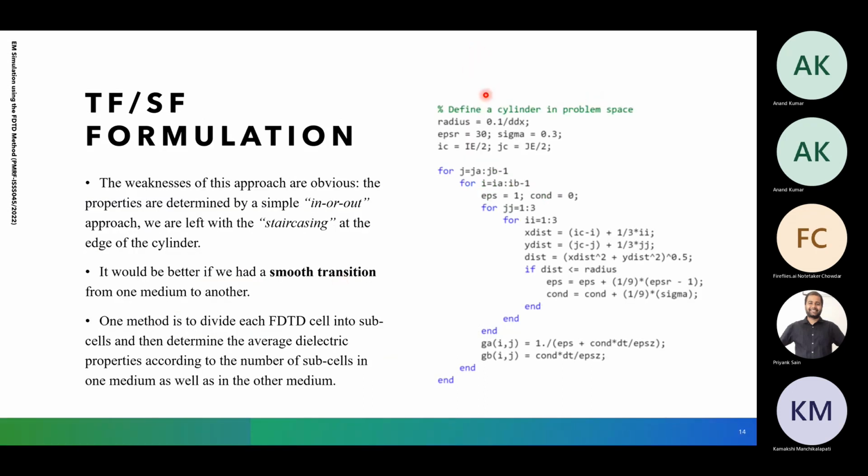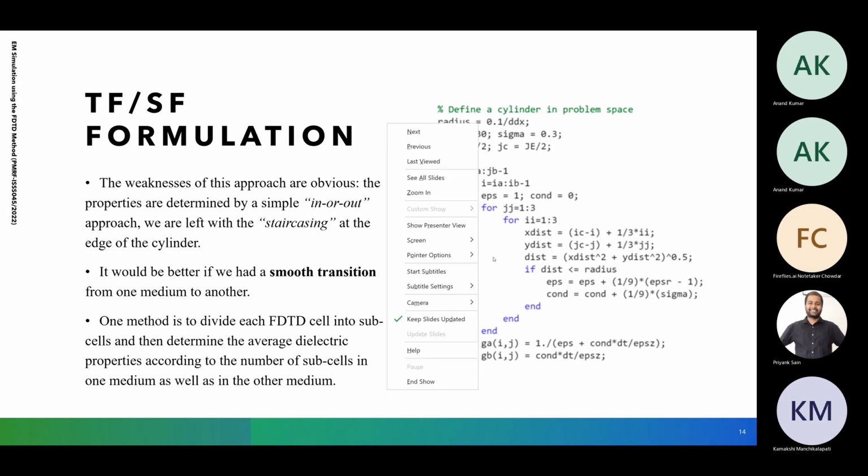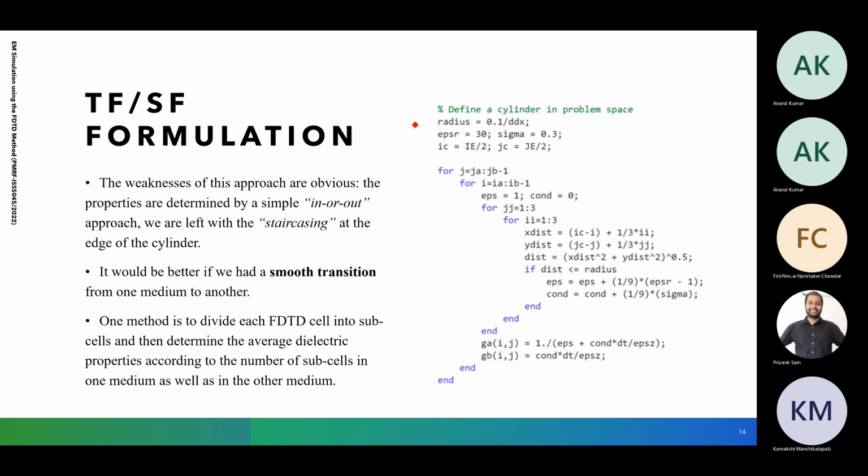Another issue with the previous formulation was that we were using staircasing. If you have a curved surface, it will approximate it using these squares, which is not a very good approximation. So what we need is to fill this particular region with an effective permittivity and effective conductivity, which would be a better approximation.